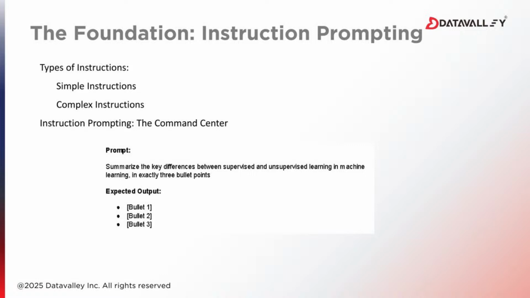This requires the AI to orchestrate several actions based on a single prompt. As this involves multiple steps, it is termed a complex instruction. So these are the two types of instructions, which we generally classify on top.